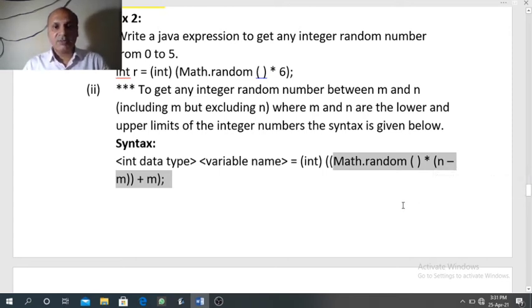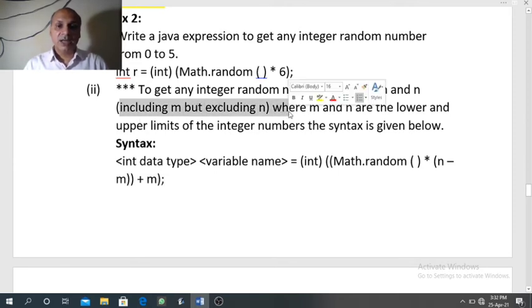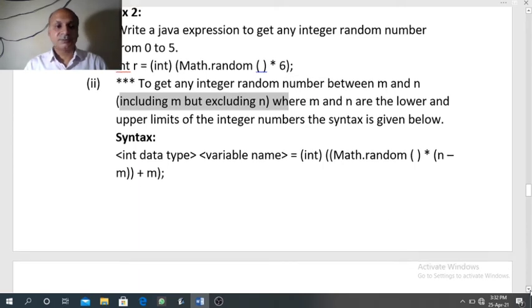So from the upper limit we subtract the lower limit, and the difference we write here, plus m, the lower limit. So if you want to print integer random numbers between m and n, where m is the lower limit and n is the upper limit, m is included and n is not included, then we follow this syntax.